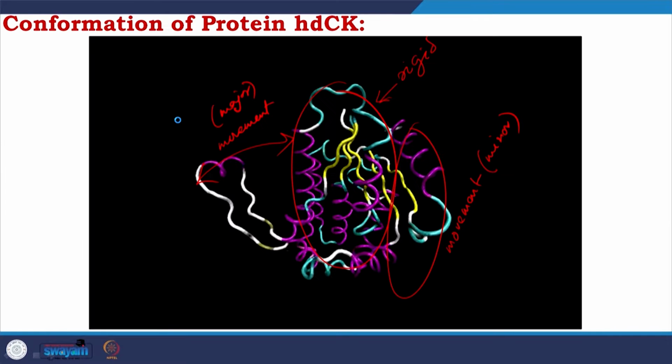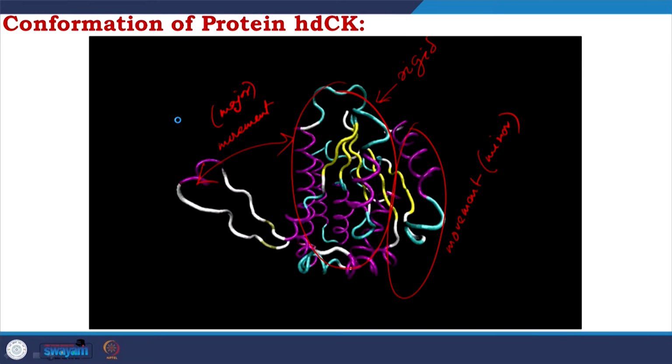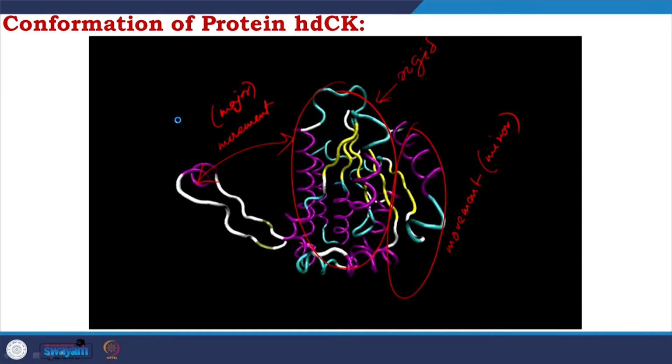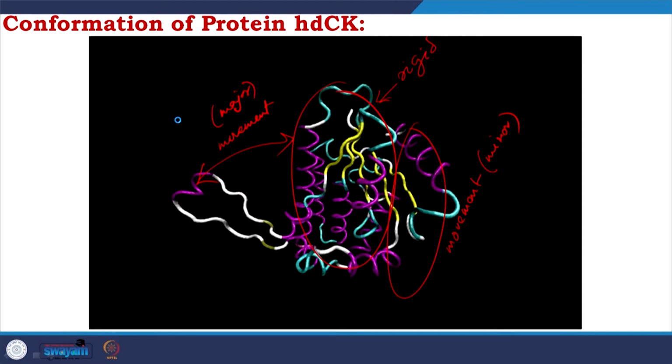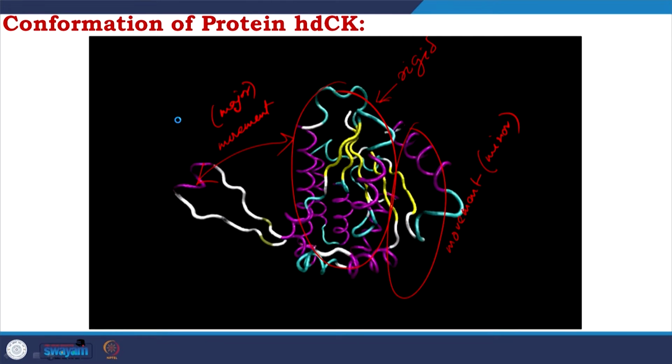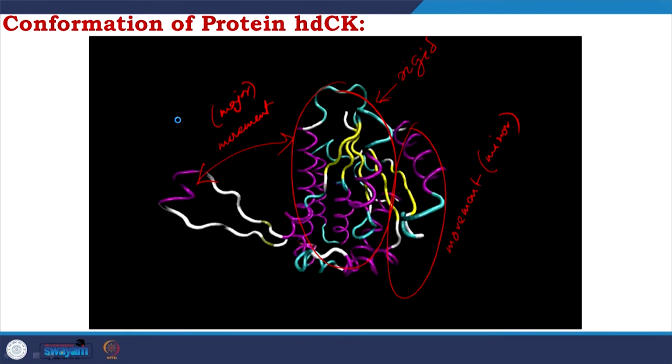If you again go back, you see the lead region is clearly the most moving region. Especially the tip region, if you see, they undergo a huge change. At the time we didn't have programs to check, I had an idea that there might be a chance of post-translational modification which probably changes the conformation.